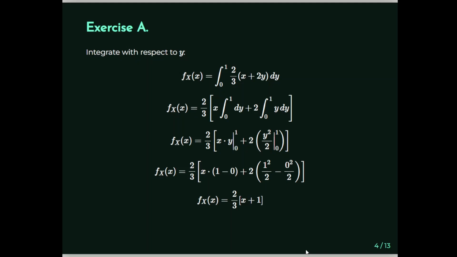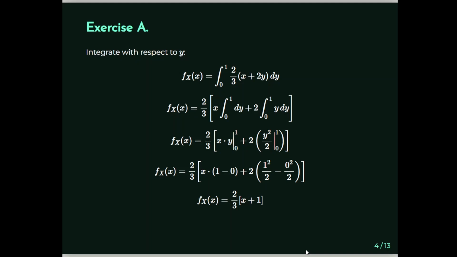What we can do there is take out the 2/3. It's just a constant, so we just move it out in front, to the left of the expression. So we can break up our x plus 2y into two distinct integrals, the integral of x and the integral of 2y dy.